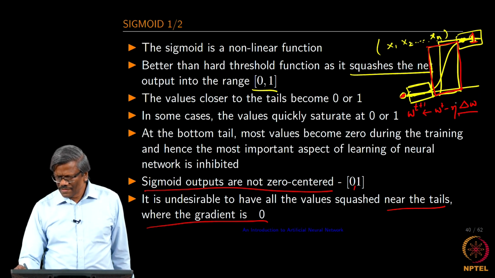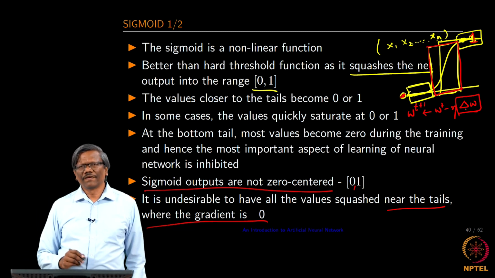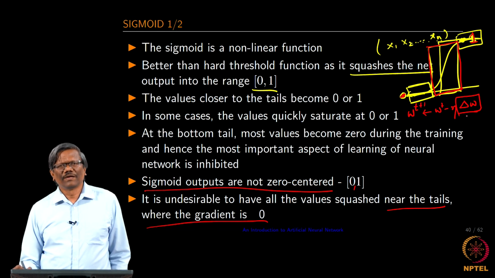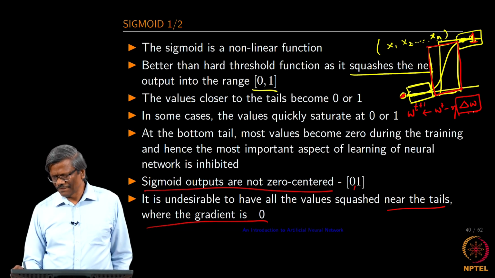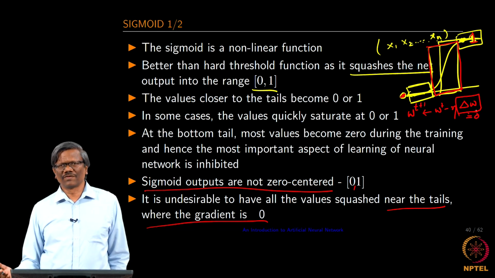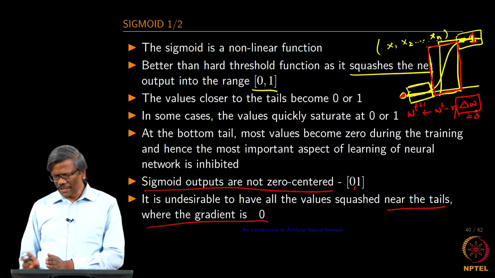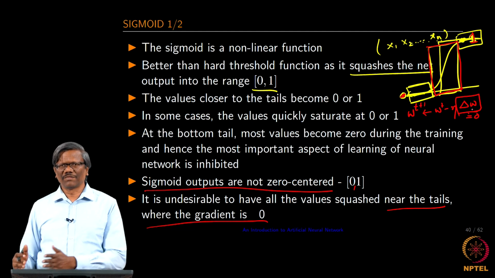So, this is our gradient part, right. Every time we want to adjust the weights, there has to be some value associated with this. If this is equal to 0, that means there is going to be no more learning, or the system has already learnt it.